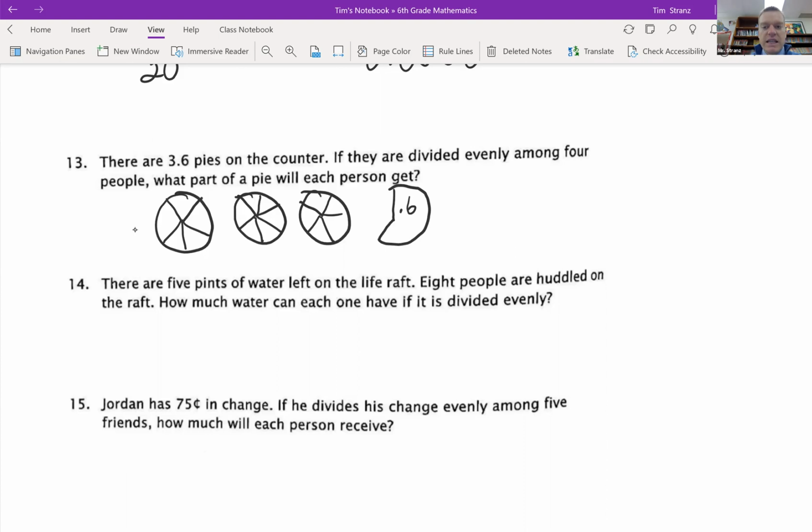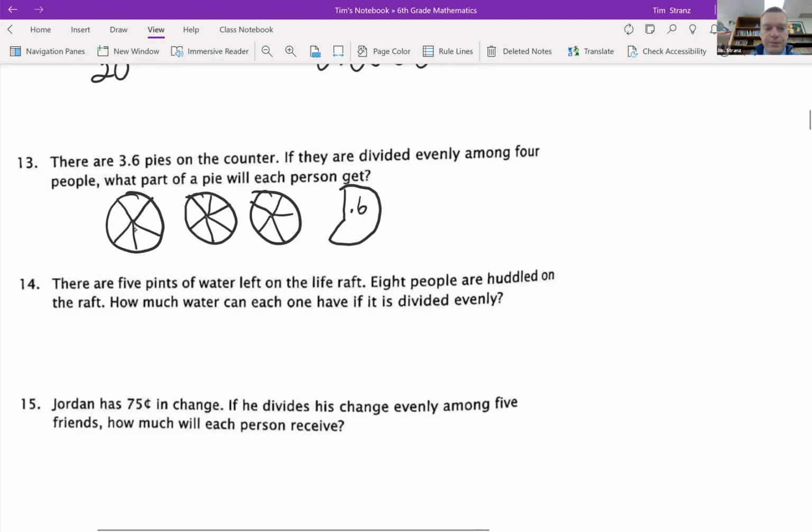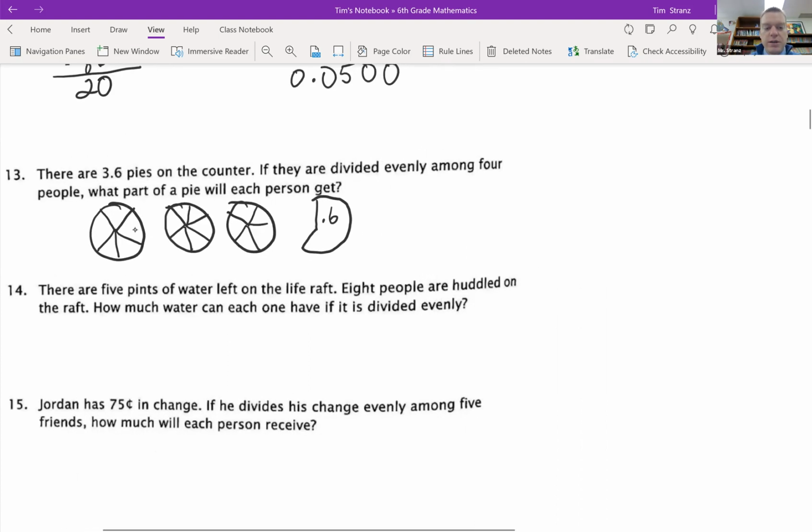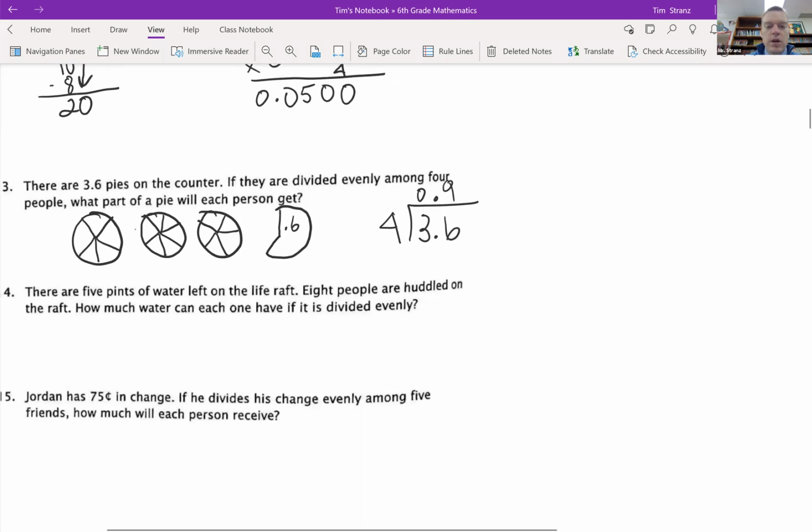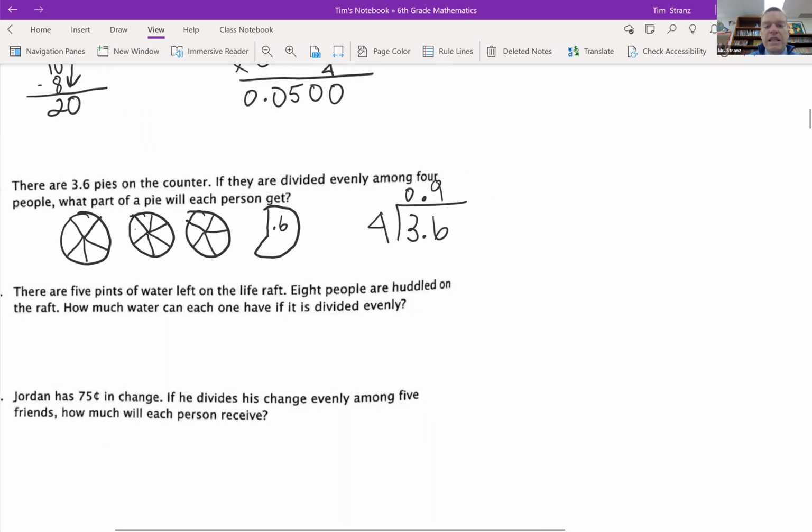Okay, so they're divided evenly among 4 people. All right, so each person, we're going to start cutting slices and pass them out to 4 people and see what we get, right? So if we have 3.6 divided by 4 people, okay, 4 goes into 3 0 times, but it goes into 36 9 times, okay? So each person will get 0.9 of a pie.